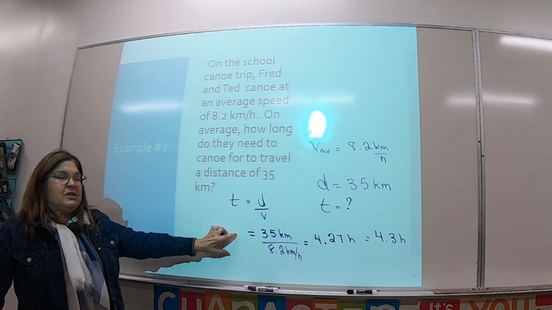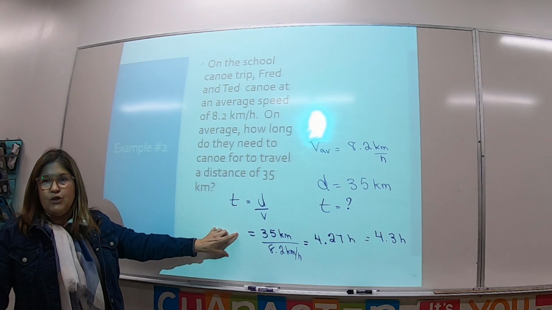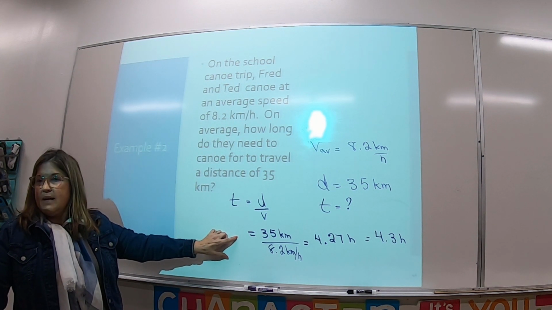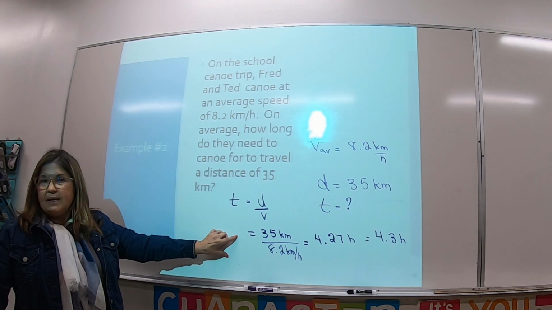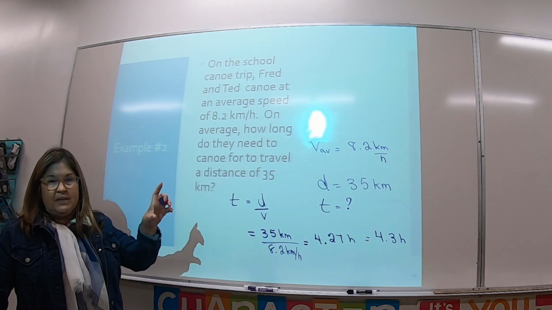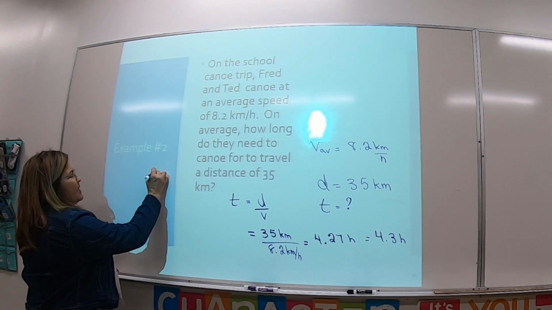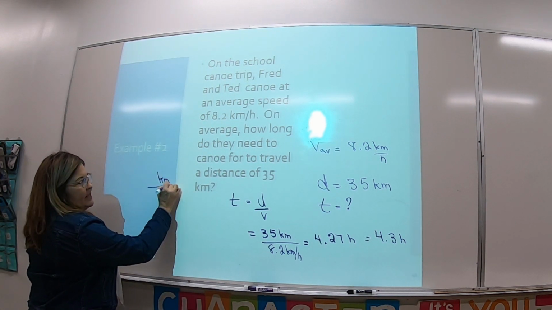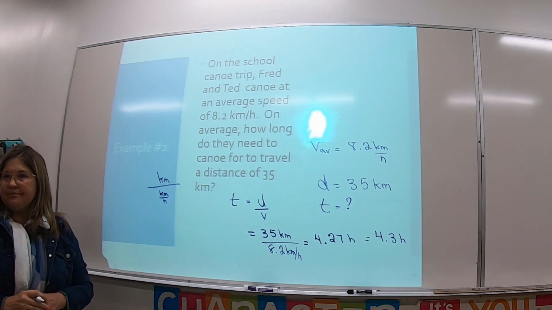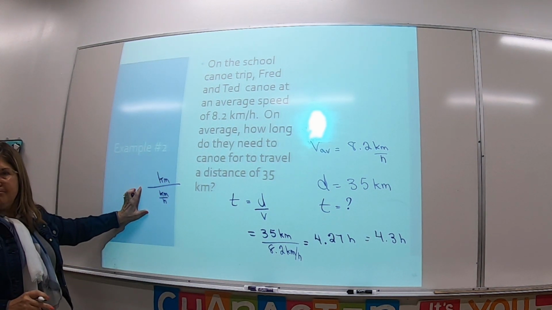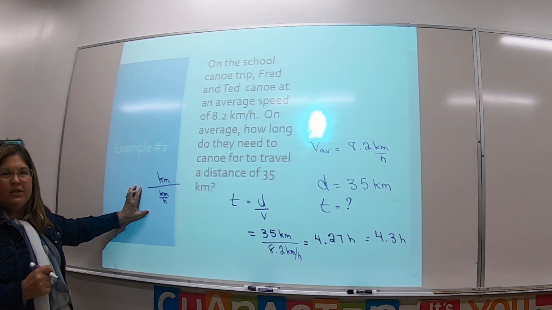For some people, you will just have to trust me that hours is the unit that comes out. I'm going to show you once why that happens, and then we'll just assume that it's true, okay? So what happens here is I'm taking my kilometers and dividing it by kilometers per hour. We agree with that? When I divide by a fraction, what do I do?